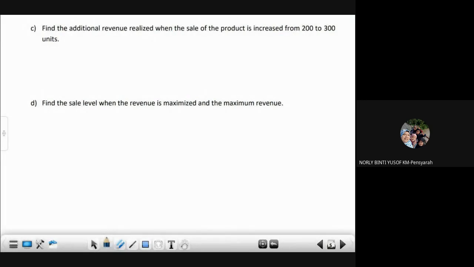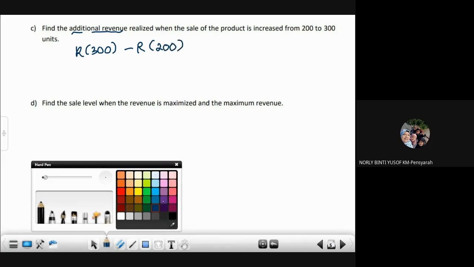Then we go to C. Find the additional revenue realized when the sale of product is increased from 200 to 300 units. So dia nak additional revenue lah. So masih menggunakan function of revenue. It's just that you nak cari nilai increasing from quantity 200 to 300. So you need to find R function for the quantity for 300, you minus with the quantity of 200 in your revenue function lah.